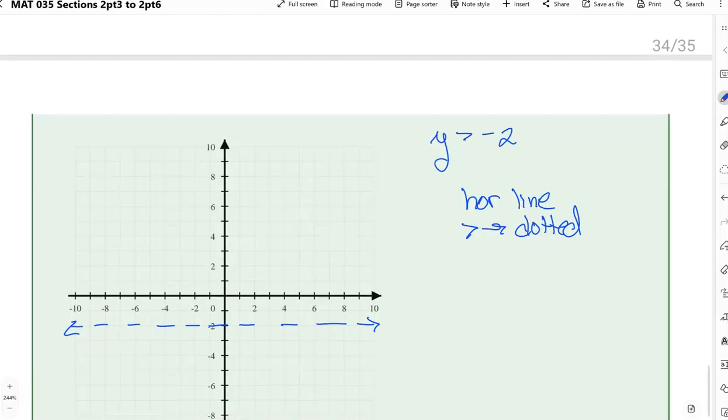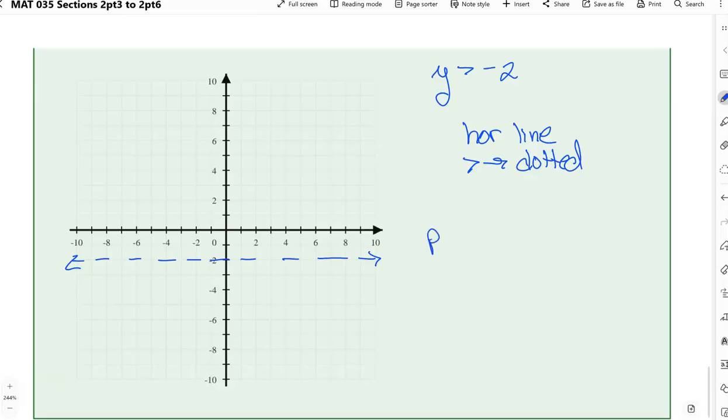Now we have to ask, where are we going to shade? Again, we're going to pick a point. I'm going to pick the point 0, 0. When I plug in 0, 0, really I'm just plugging that y-coordinate in here. I get 0 is greater than -2. Is that true or false? That is true. 0 is bigger than a negative number.